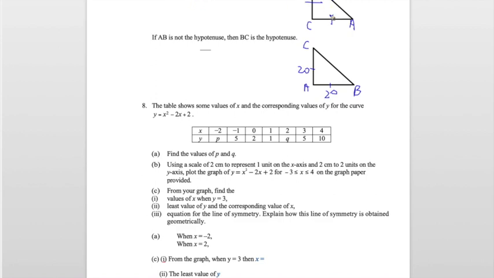Okay, so if AB is the hypotenuse, then for the possible length of BC, these two will be equal, so we have 2 BC square equal to 20 square. That will give us BC is 14.1.